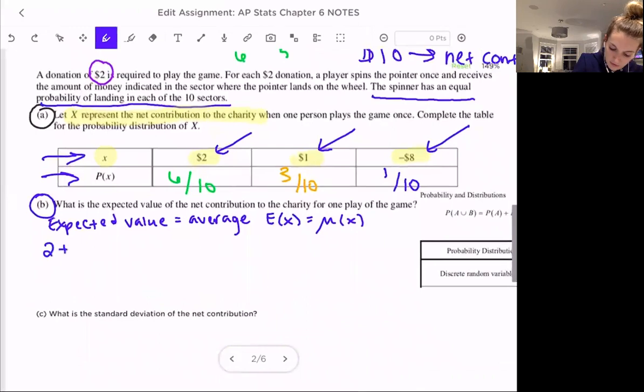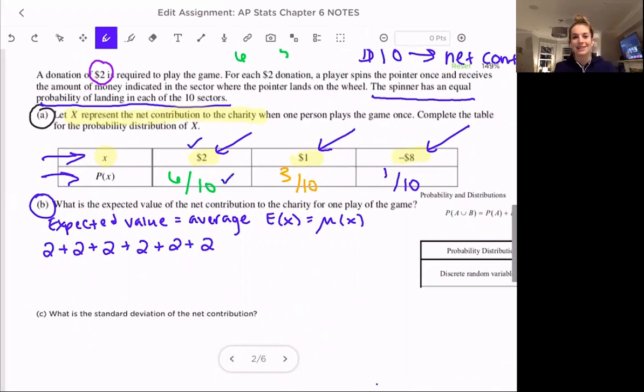So we have 2 plus 2 plus 2 plus 2 plus 2 plus 2. Why 6 2s? Because for that outcome of $2, there were 6 in 10 sectors that would yield that contribution. Plus 1, plus 1, plus 1. Why 3 1s? Because for an outcome of $1, there were 3 out of 10 sectors on the wheel that would get us that net contribution to the charity.